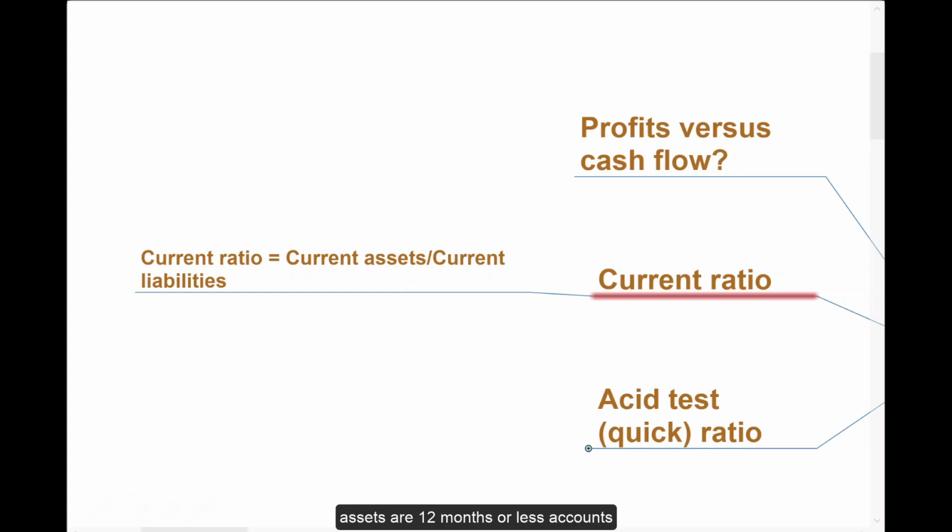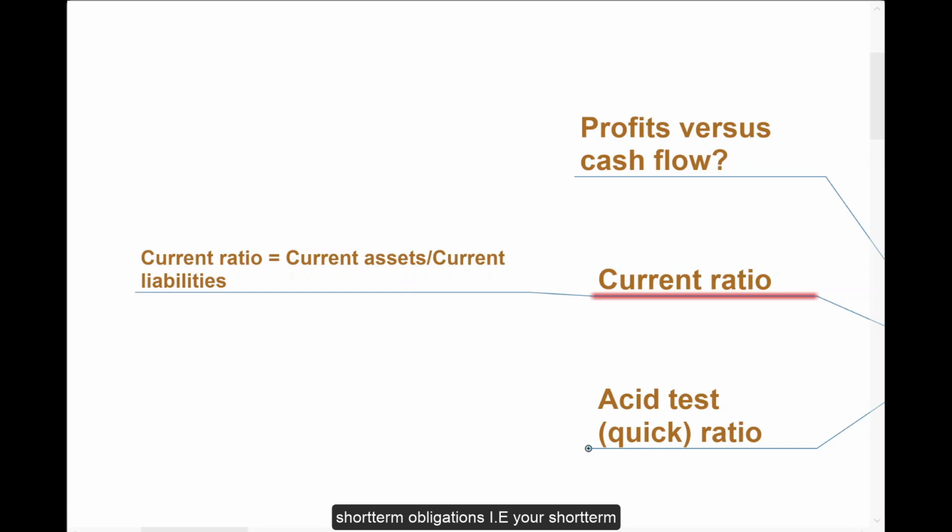Remember that current assets are 12 months or less: accounts receivable, prepayments, other debtors, cash, etc., inventories. And current liabilities are 12 months or less. So it tells us that this is your ability to meet your short-term obligations, i.e.